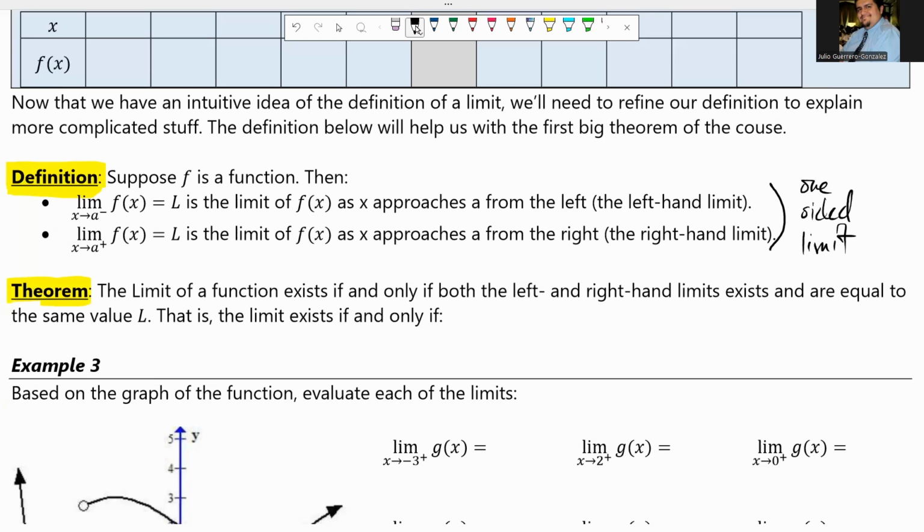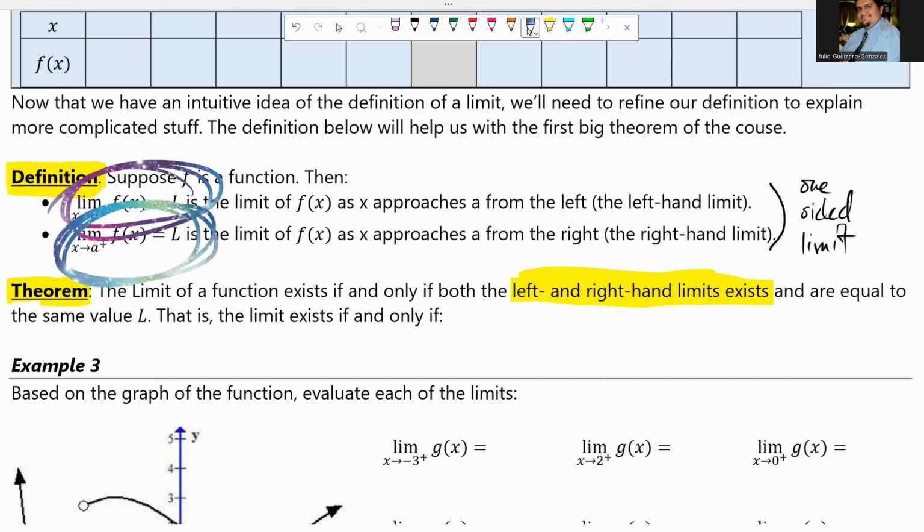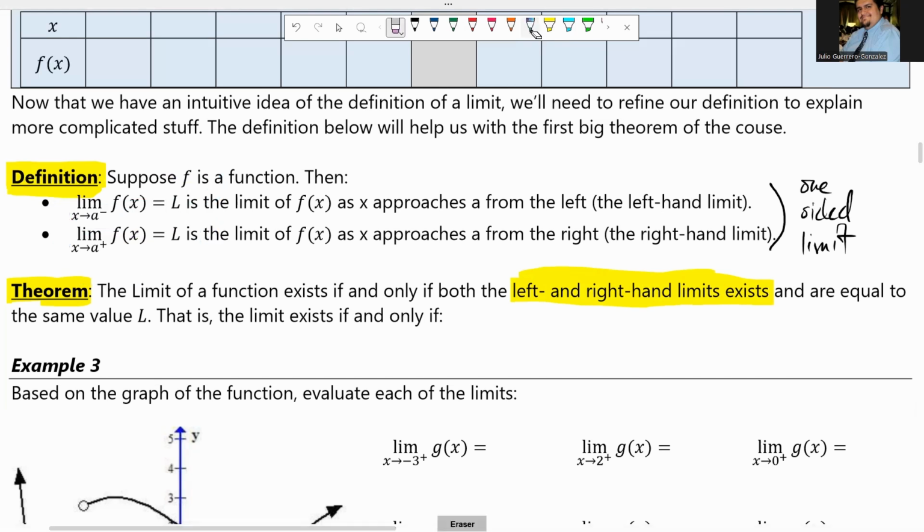The limit of a function, the one that I was writing up above, notice that it doesn't have the plus or the minus as an exponent, exists if and only if both the left and the right hand limits exist. That means both of these have to exist, and they have to be equal to the same value.